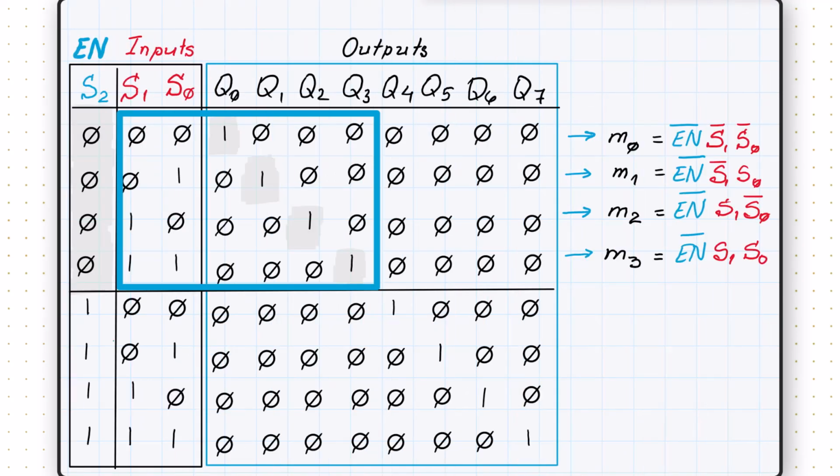We do not have any changes in the combinations for S0 and S1. The only additional one we're going to add is signal S2, which we called EN, the enabling signal. And for the first decoder, which we noted in blue, it's going to have a value of 0.